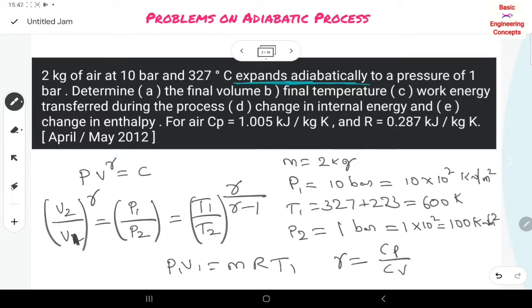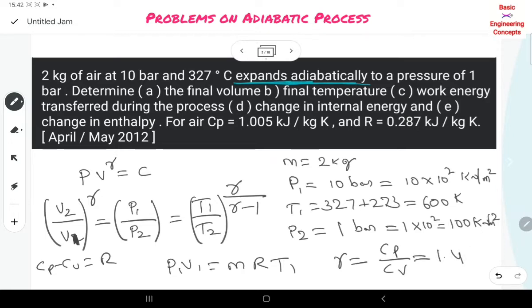You can calculate the Cv value from Cp minus Cv is equal to R. As it is an adiabatic process, gamma is 1.4.